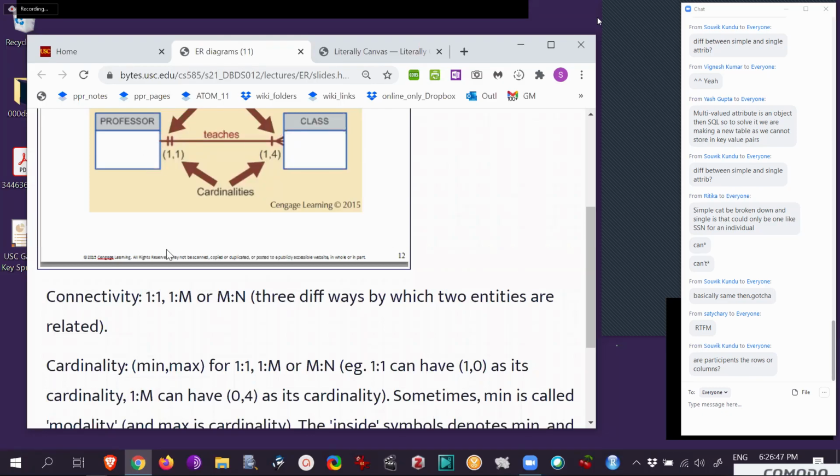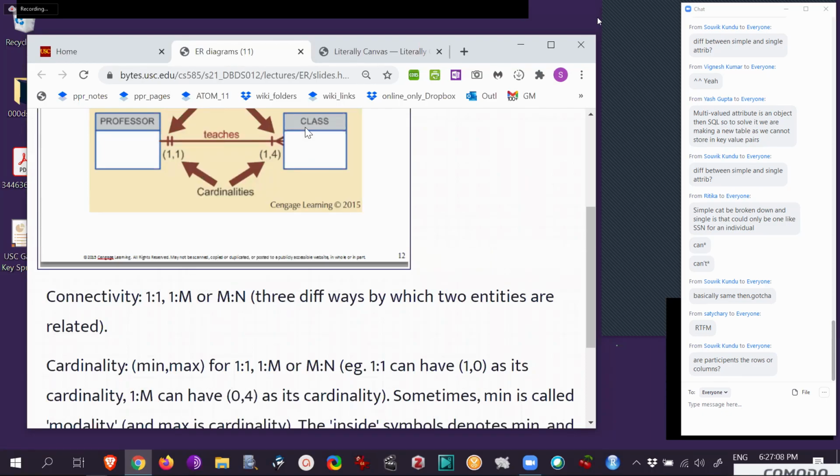In a one-to-one relationship, suppose it has 1 to 0 as a cardinality. What that means is one of these can participate in 0 of those. Like one employee doesn't have to manage any store. It's called 1 to 0. Likewise, 1 to m cardinality. Suppose you take the 1 to m relationship, like 1 to many. Like a professor teaches many courses, that's 1 to many. The minimum maximum can be 0 or 4.